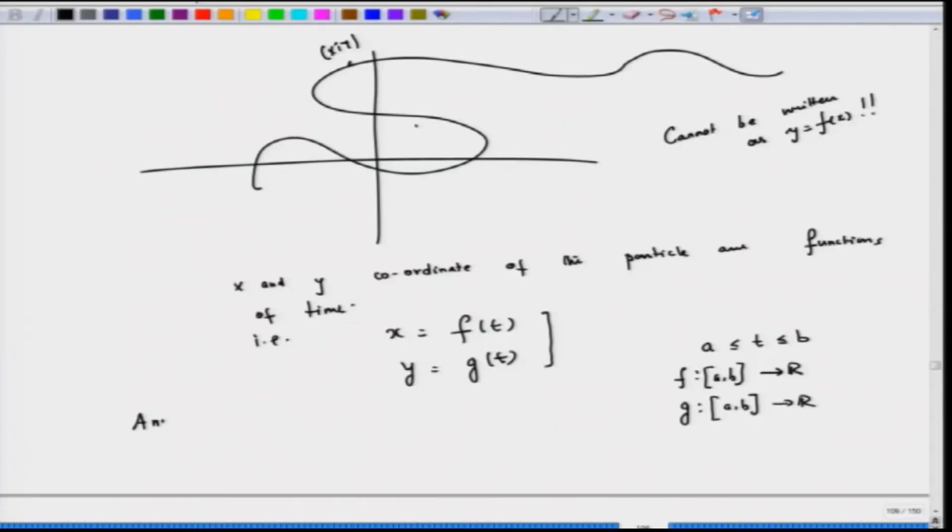Such curves in general are called parametric curves. So, any curve C given by these equations is called a parametric curve.